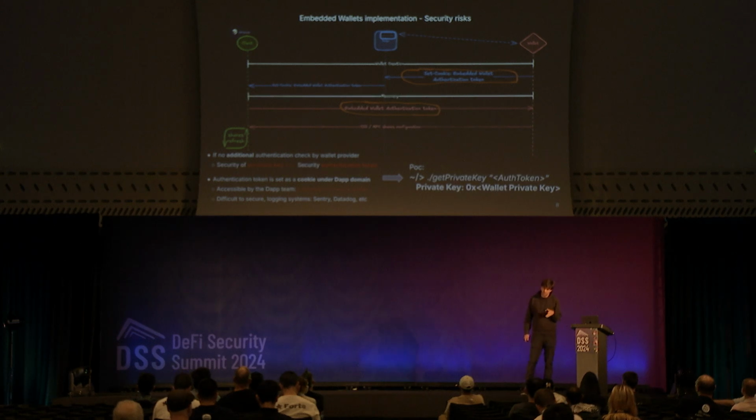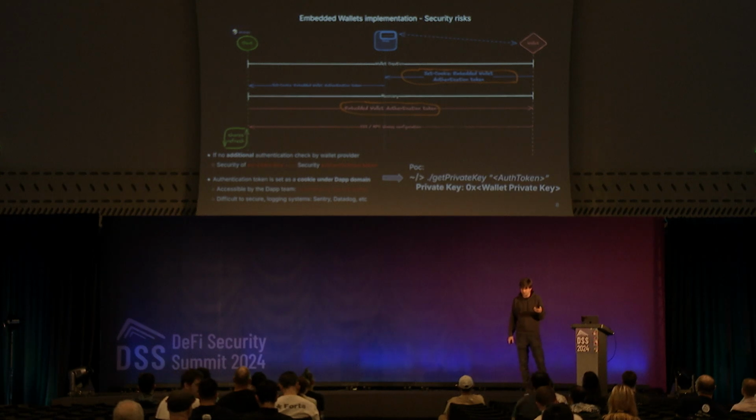So if it's done just like this, the first problem is that the embedded wallet provider is going to share an authentication token with a decentralized application. And this authentication token, in some implementations, lives as a cookie under the dApp domain.